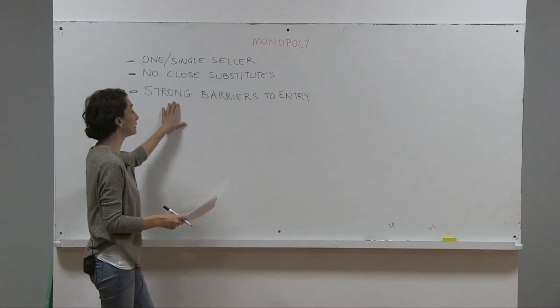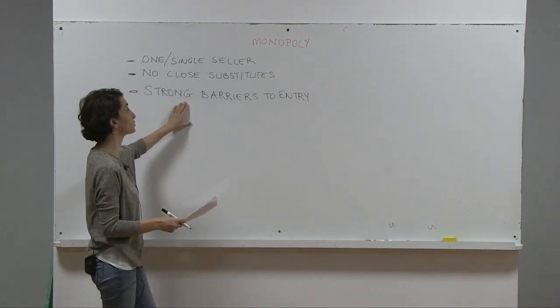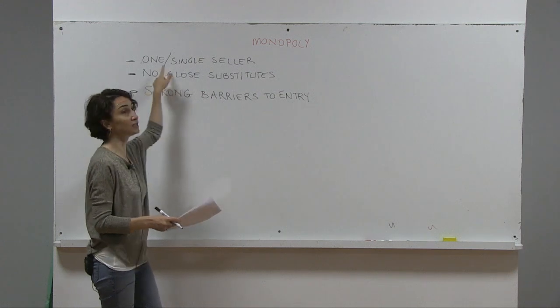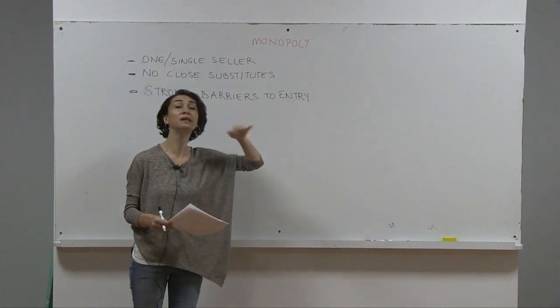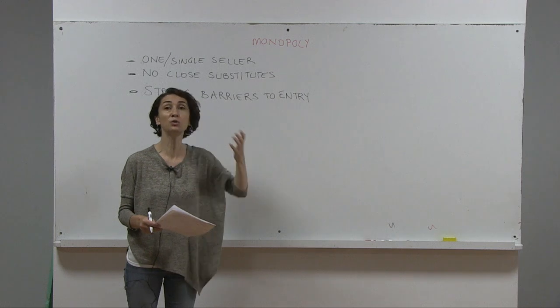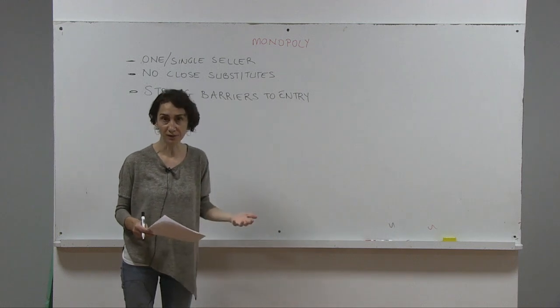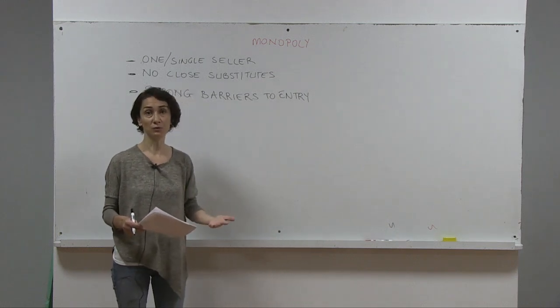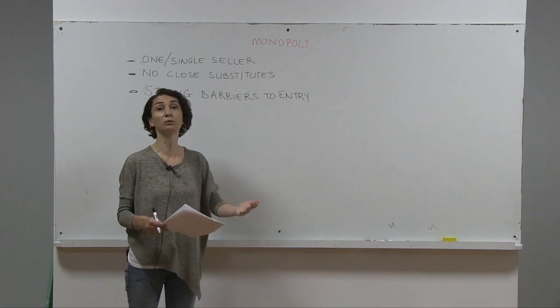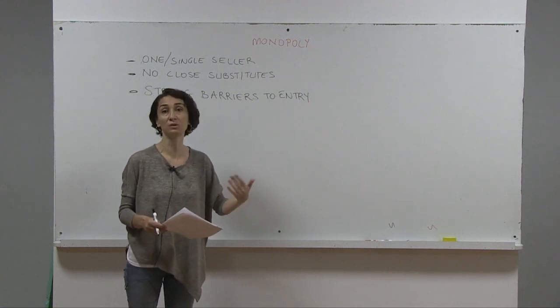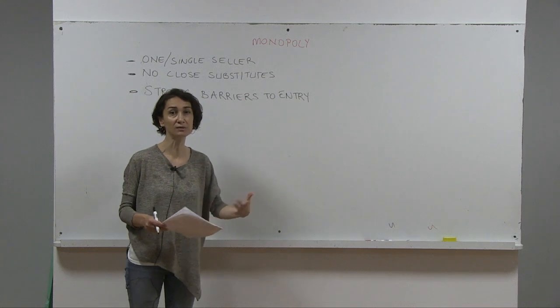That was the case for perfectly competitive markets. But in a monopoly, because there are strong barriers to entry, this single seller, this single firm, even when it is making a huge economic profit, the other firms, practically, are not able to enter into this sector, right?